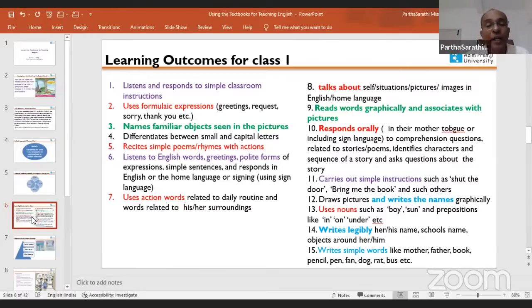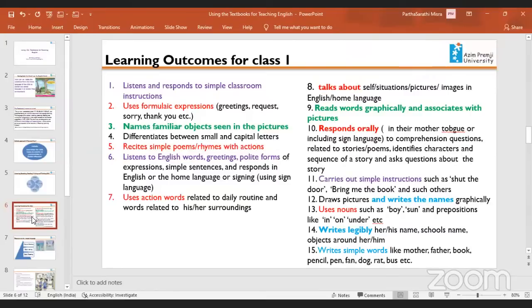The content is not at all important. Here you see all these learning outcomes. I have used different color codes. You see, listens and responds, listens to English words and greetings, polite forms, carries out simple instructions. All these are with reference to listening and responding, listening and speaking.